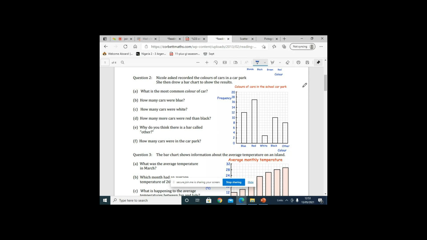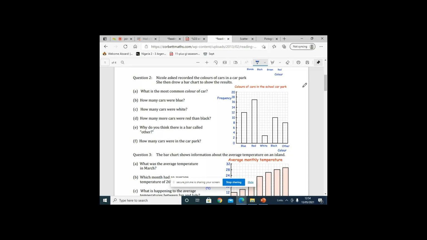How many more cars were red than black? Red was 17 and black is 10, so the difference will be 7.